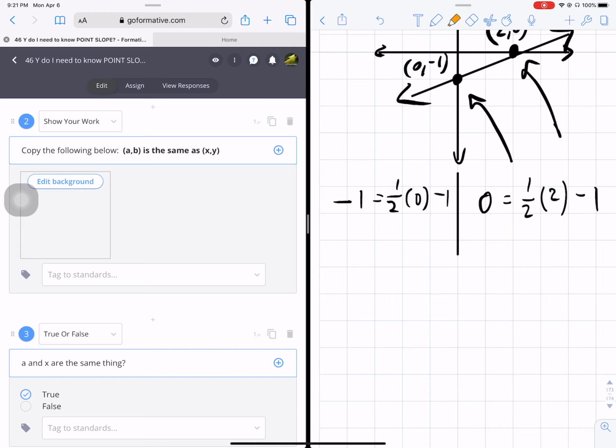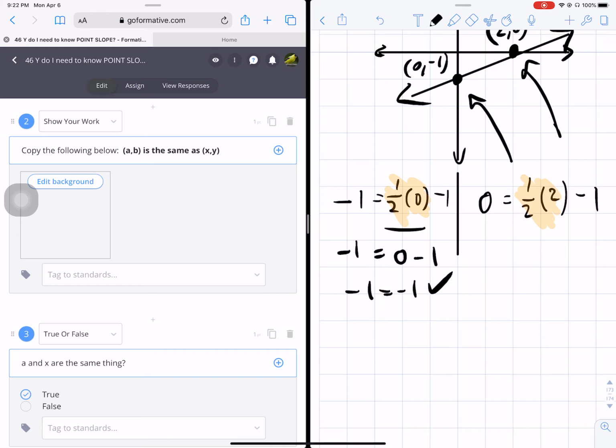So let's do this part first on each of these. Order of operations: I do the multiplication first. 1/2 times 0 is just 0. And 0 minus 1 is -1.